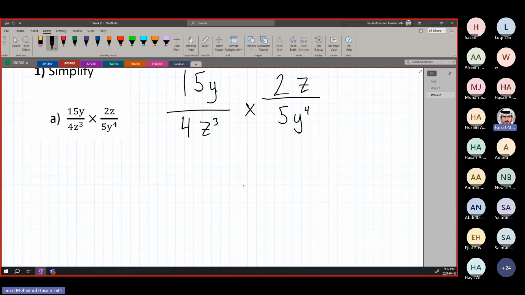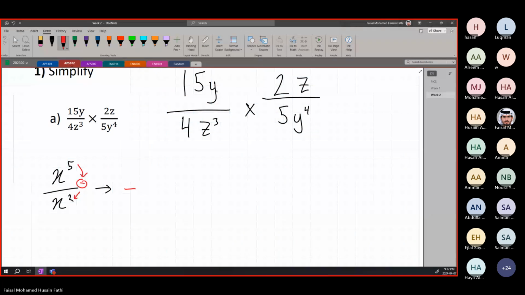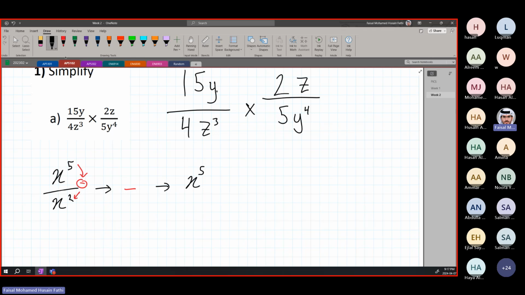When we have x squared divided by x, or let's say x^5 divided by x squared, this means that we are going to subtract this minus this. We are going to do x power 5 minus 2, so it's equal to x power 3. This is what it means when we have division.